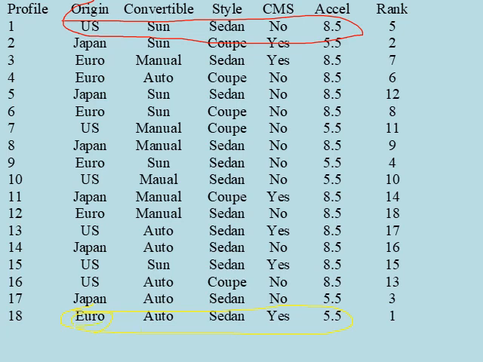And it has an automatic convertible rooftop. So if you push a button, the whole thing collapses in the back somewhere in the trunk. It's a sedan, so it has 4 doors, and it does have crash management system, and it accelerates 0 to 60 in 5.5 seconds.